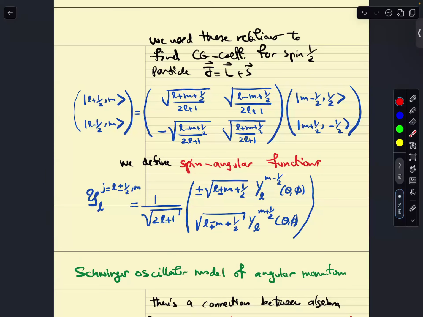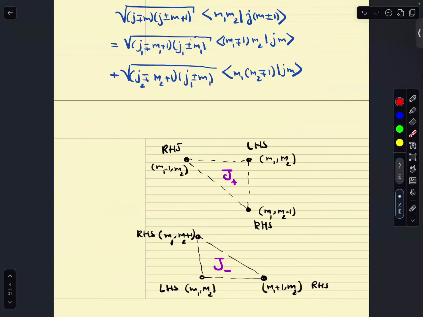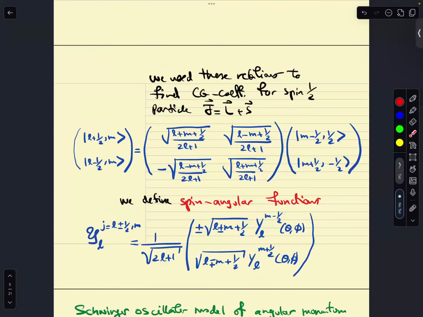So we used these relations as an example to find the Clebsch-Gordan coefficients for a spin half particle, where J1 we took to be the orbital angular momentum, and J2 we took to be the spin angular momentum for the spin half particle. We did the calculation and we found the matrix, the basis transformation.